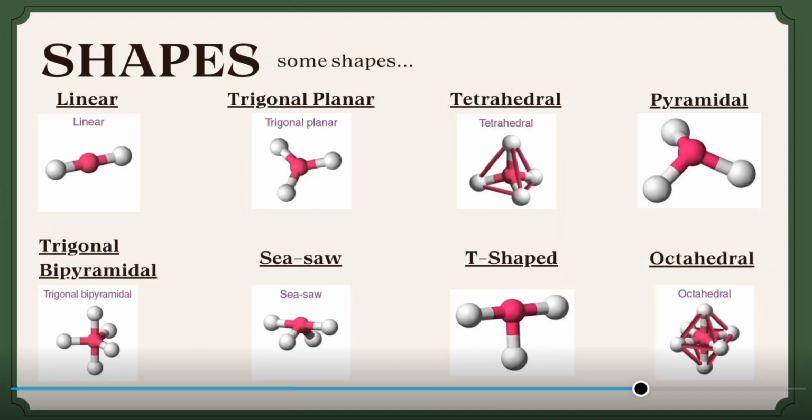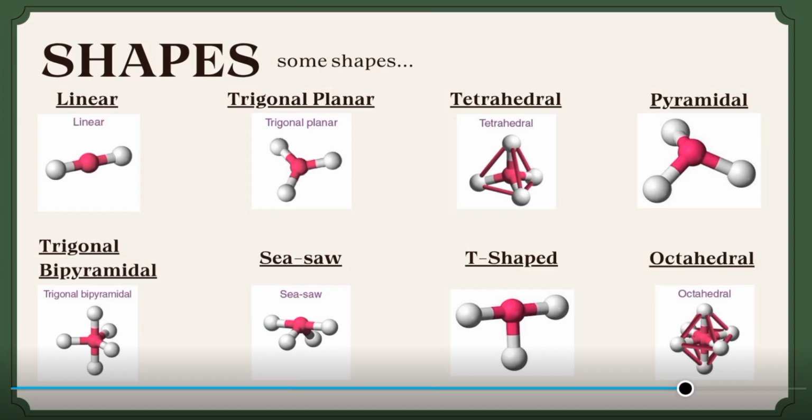We have different shapes: linear, simple and straight. Trigonal planar is like a flat triangle. Tetrahedral, a perfect pyramid of balance. Pyramidal, slightly tilted with a lone pair twist. Trigonal bipyramidal is like stretching in 5 directions.